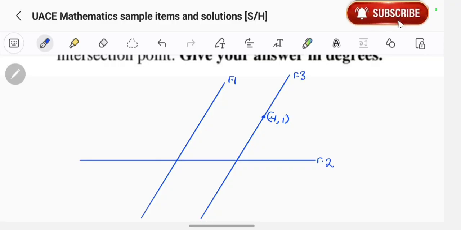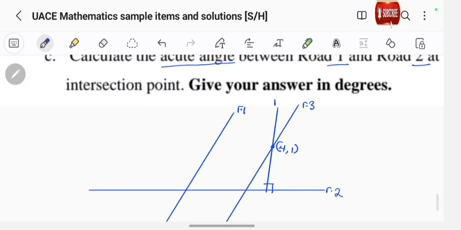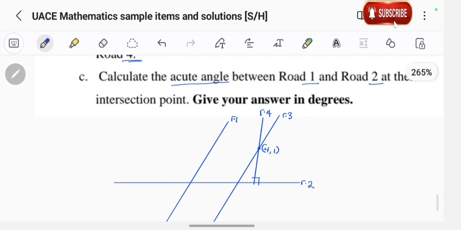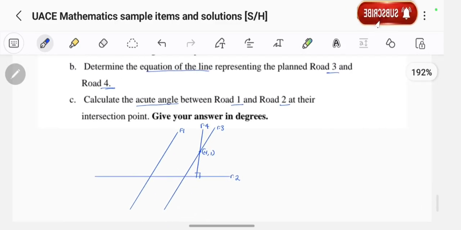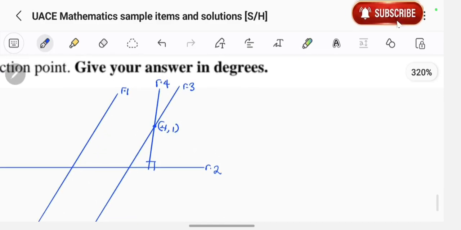Then we have road 4 being perpendicular to road 2 and passing through the same point. So I'm going to draw road 4 there, perpendicular to road 2. So this is road 4. But road 2 is given to us.